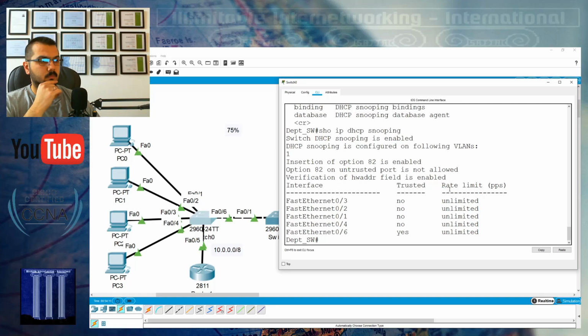Hmm. Could it be that I should trust all of those four? No, this will make no sense at all, because who grants that all of those are good employees, and who grants that this one is not? I should only trust this one.